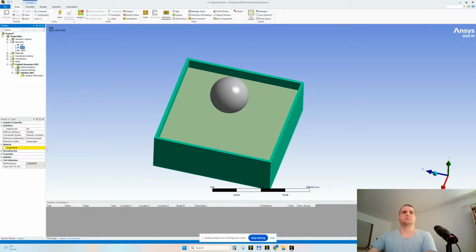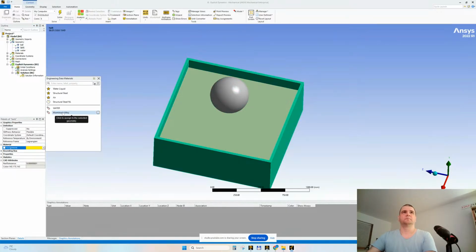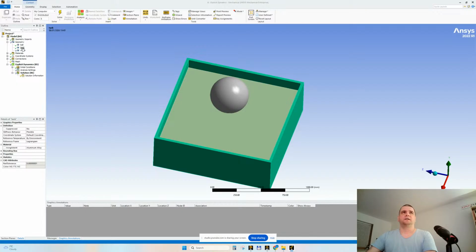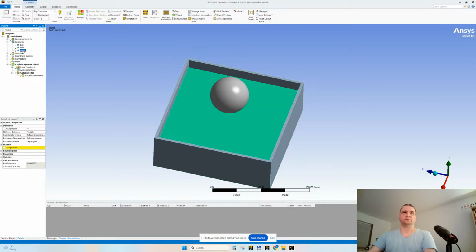Also, the tank should be made of aluminum. At this moment, let's leave them flexible, because I also would have the desire to make them rigid, because sincerely, we don't really care about them. We don't care about the behavior of the water, all right?